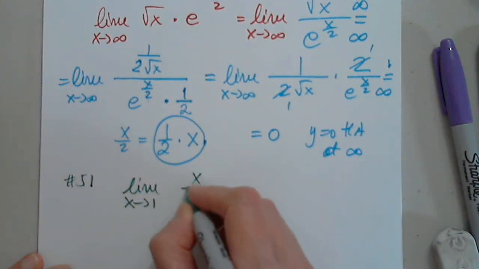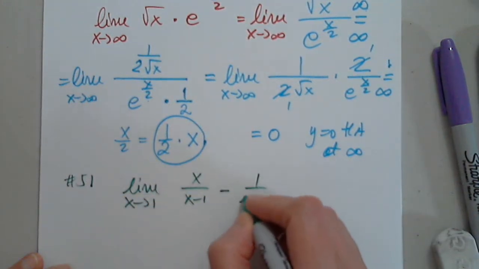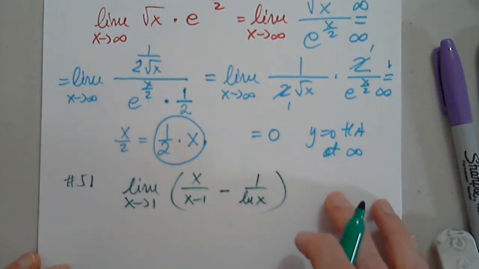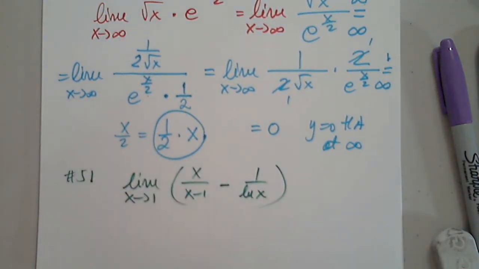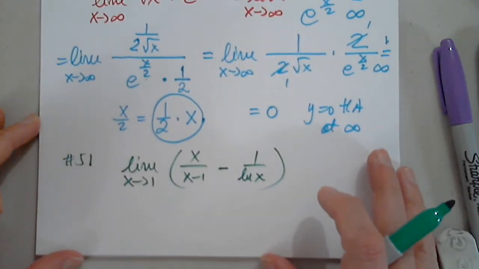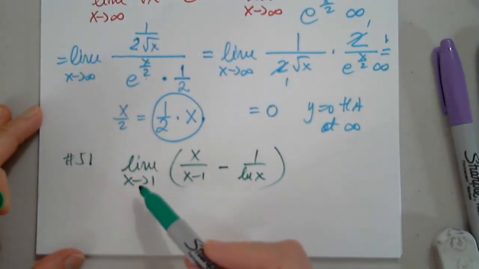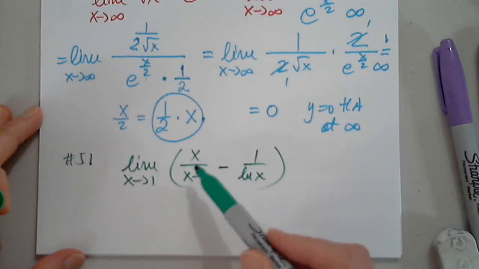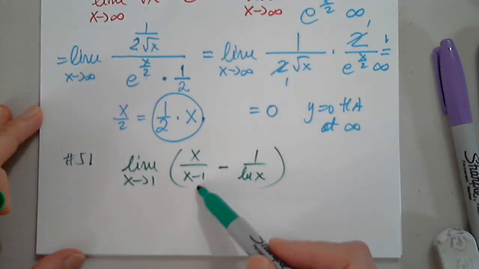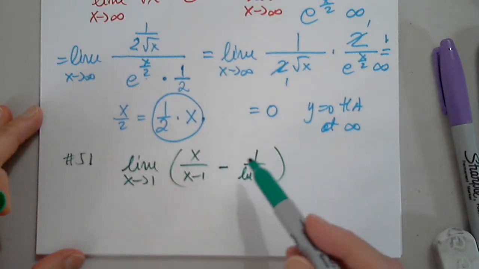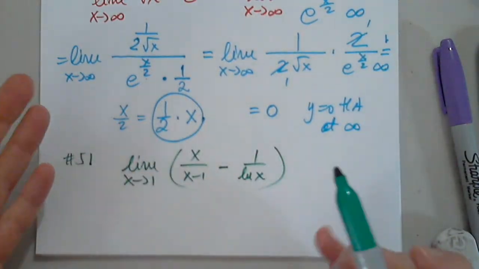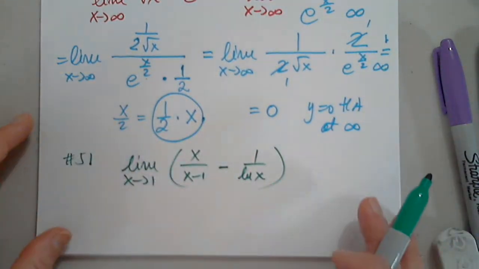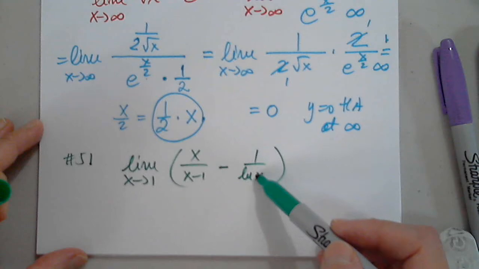The limit as x approaches 1 of x over x minus 1, minus 1 over natural log x. I have no idea where this is going with this problem. Okay, so when x approaches 1, this is 1 and this is 0. Big problem. At this point, even if I plug in, there is nothing I can do, right? And again, I have 1 over 0.